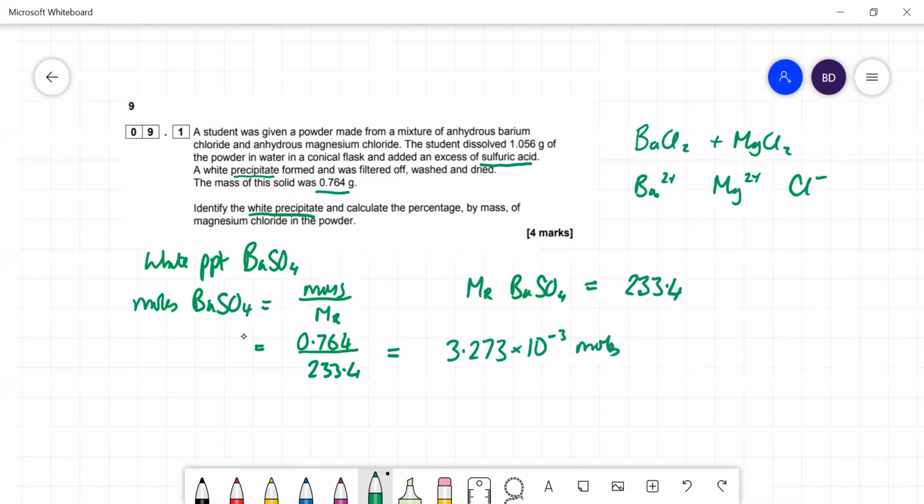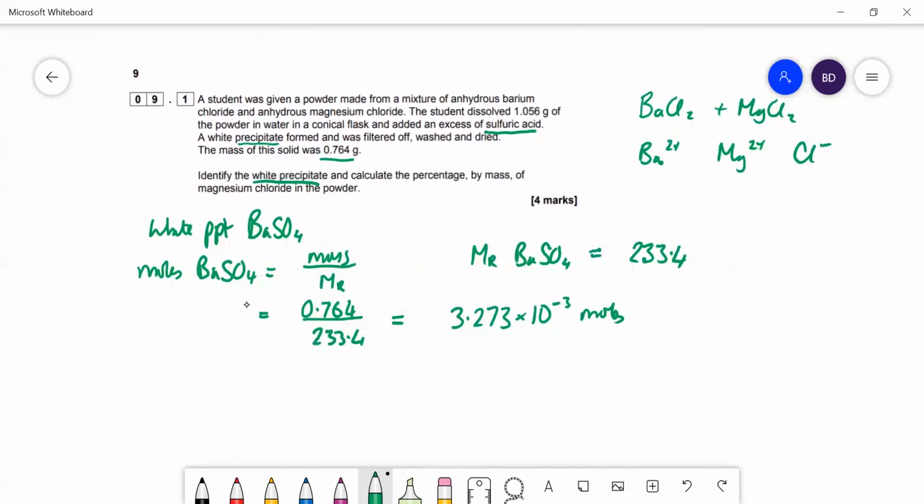So now that tells us in the original mixture we had this many moles of barium ions. Therefore we can say that the moles of barium chloride in that mixture is the same as that, equal to 3.273 times 10 to the minus 3.